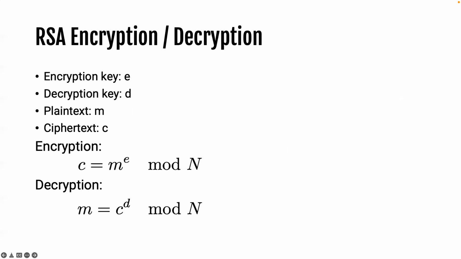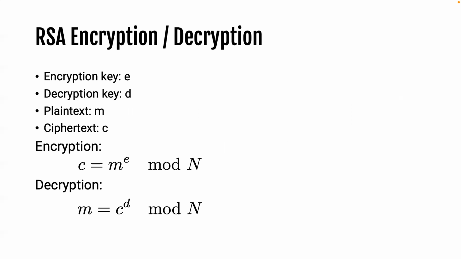And the way that RSA works is, I would say, fairly simple, especially if you compare it to DES or AES, where you have many, many rounds, and then you do permutation, substitution, or Feistel networks, etc. Suppose that we have an encryption key and a decryption key.